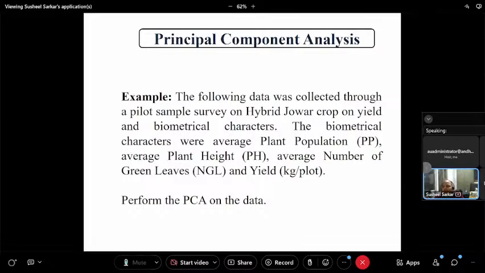And these a11, a12 are nothing but the values of eigenvectors. We deal here with eigenvalues and eigenvectors. Whenever we deal with multivariate analysis, we always deal with eigenvalues and eigenvectors, right? So we make new variables which are linear combinations of the original variables.